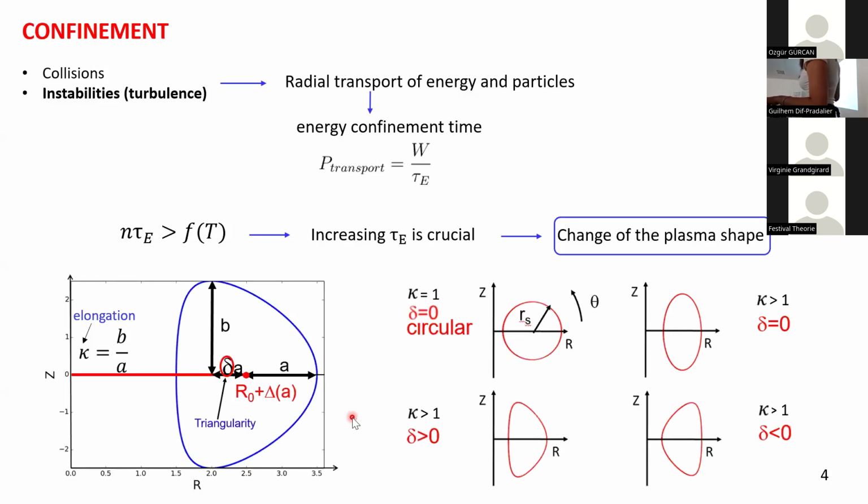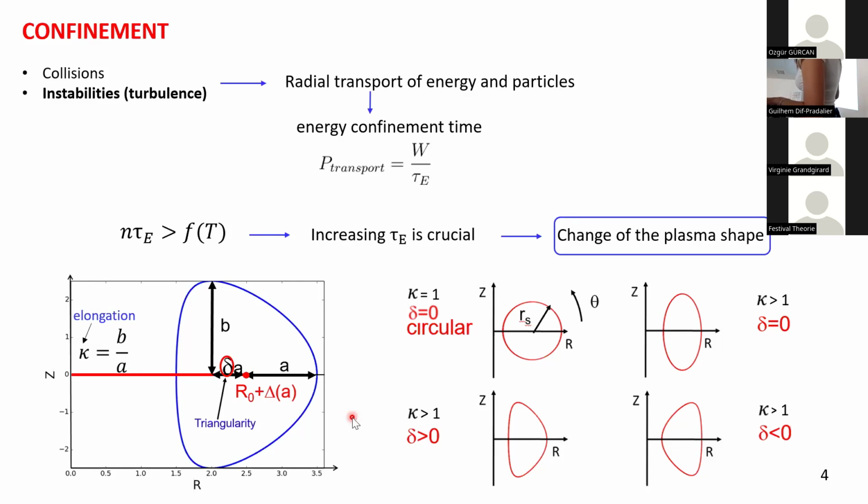Changing the plasma shape, as you saw this morning, means changing the shape of the cross-section of the tokamak. In particular, this is parameterized by two parameters: elongation, kappa, and triangularity, delta. I won't give you the detail of the definition of those parameters because they could be quite technical, so I would like to give you a visual interpretation.